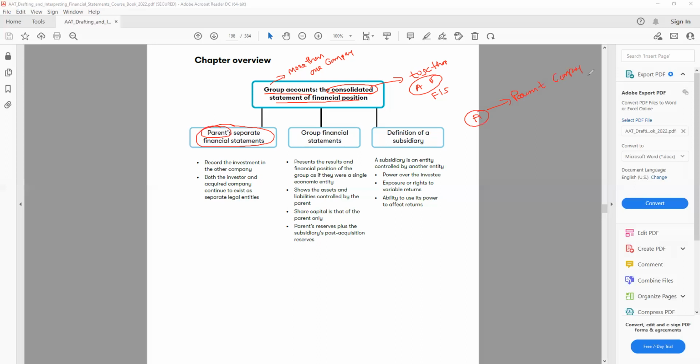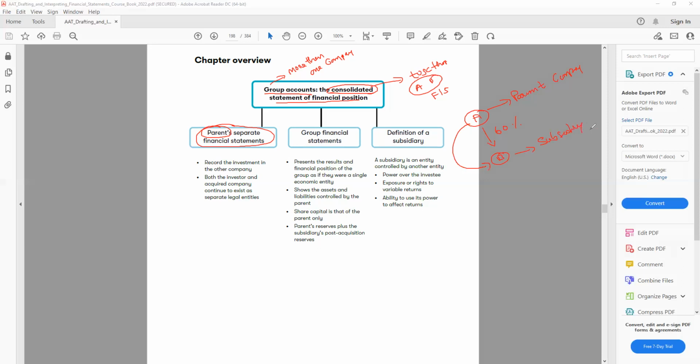This is the main company, and let's say company A buys 60% of the shares of company B. That means company A has 60% right over company B, and for that reason we call B a subsidiary company.